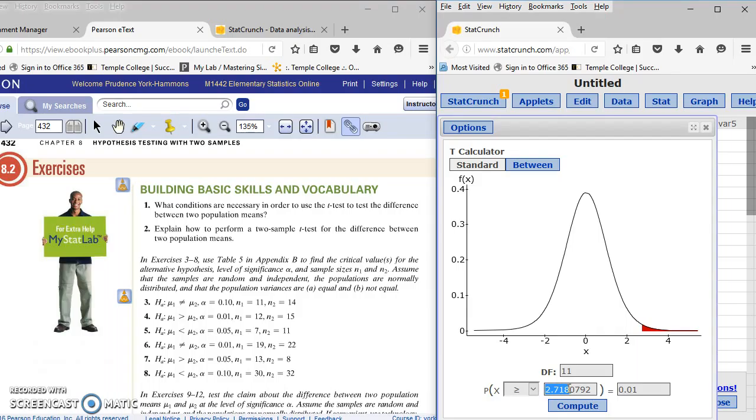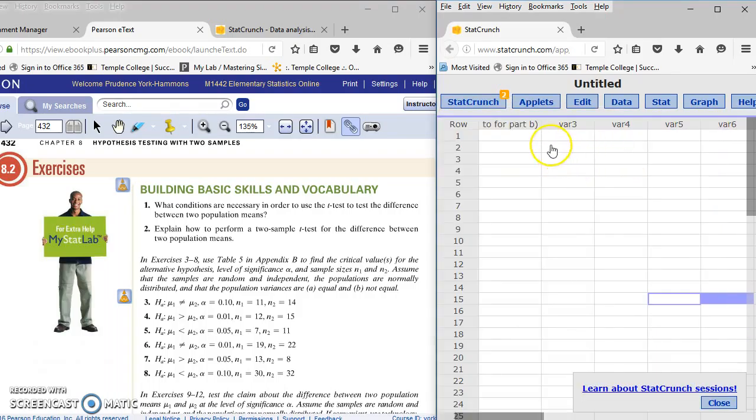So I'm going to do a Control C to copy that, and I will close my table. And for part B, Control V. So there is our T sub 0 for part A and our T sub 0 for part B. Part A is where the variances were equal and we pooled the sample sizes. For part B, the variances are not equal and we use the smaller of the two sample sizes.